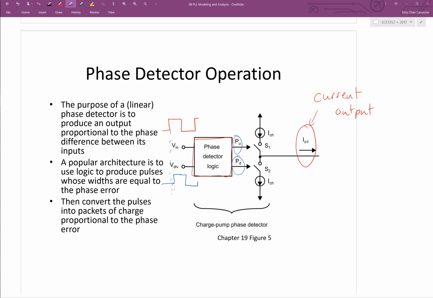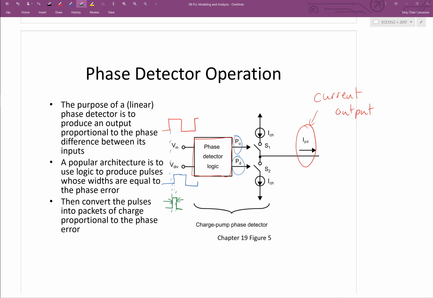Even though I haven't shown you what that logic circuit could look like, it's probably not hard to imagine that you could cook up some combination of logic gates that, based on these 2 clock waveforms, produces something that looks like this. So again, here it's producing a logic pulse, the width of which is equal to that phase difference.